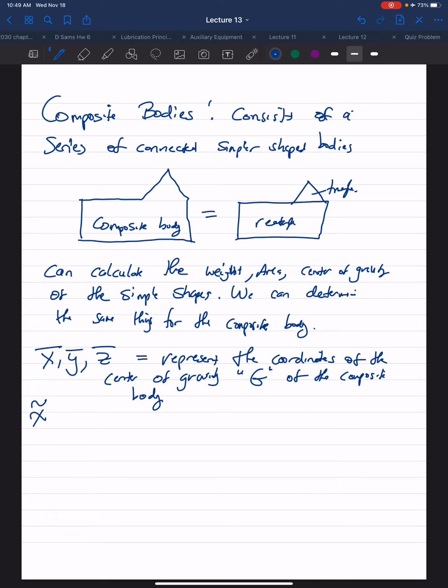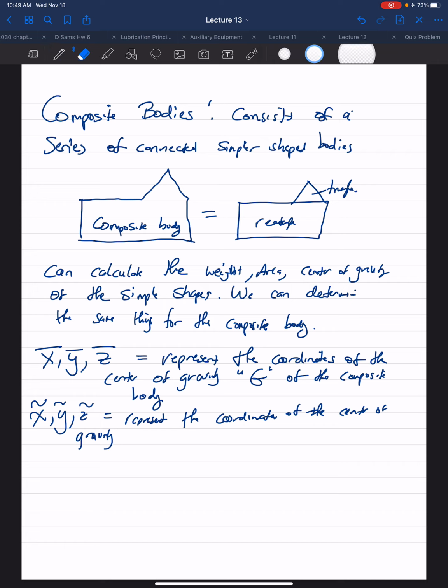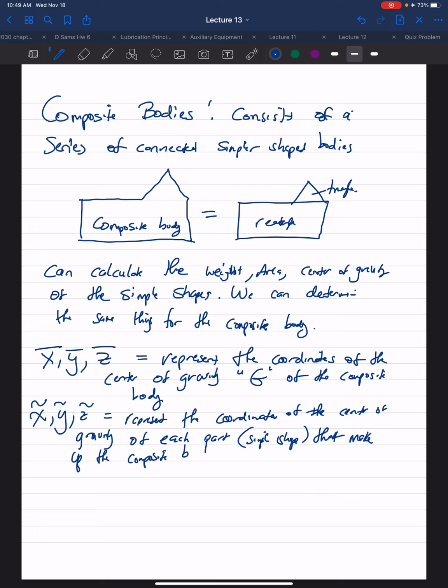Then X wavy, Y wavy, and Z wavy line, these represent the coordinates of the center of gravity of each part or simple shape that makes up the composite body.